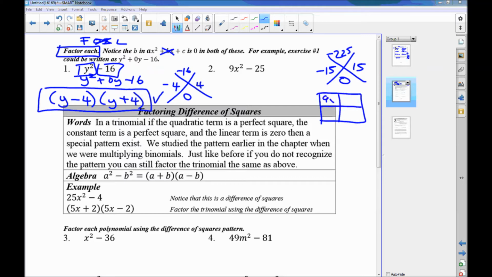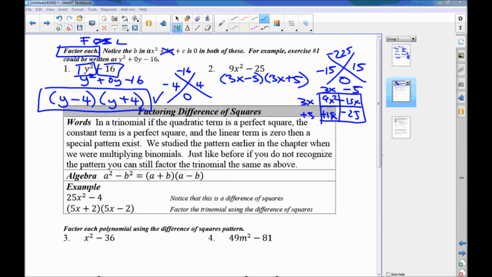So we're going to make this 9x squared minus 15x plus 15x minus 25. So what's the same in the top here is 3x, and what gets left behind is 3x and minus 5. And then minus 5 times positive 5 will make negative 25, and 5 times 3x will make 15x. So this will turn into 3x minus 5 and 3x plus 5.